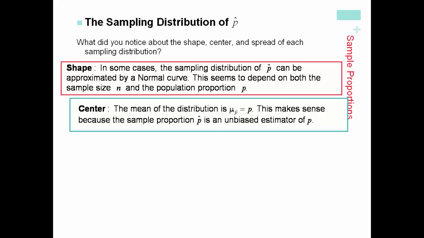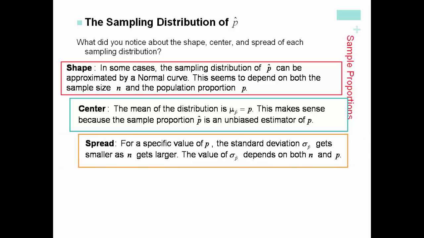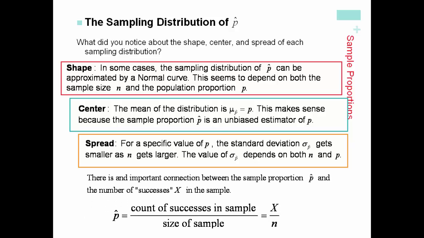This makes sense because the sample proportion p hat is an unbiased estimator of p. Spread. For a specific value of p, the standard deviation sigma of p hat gets smaller as n gets larger. The value of sigma of p hat depends on both n and p.